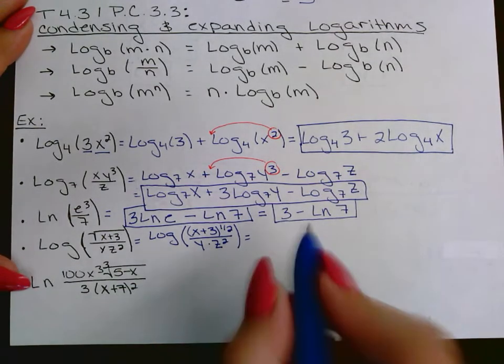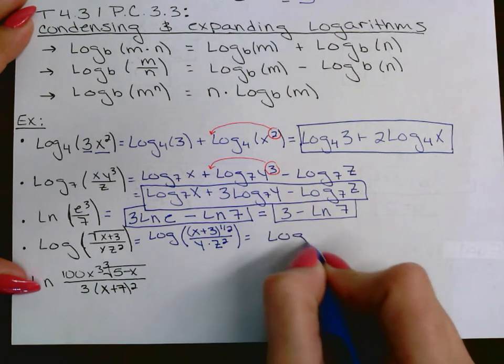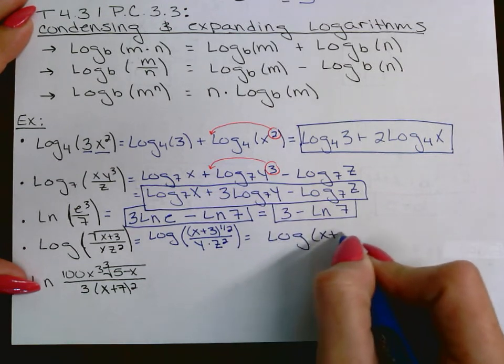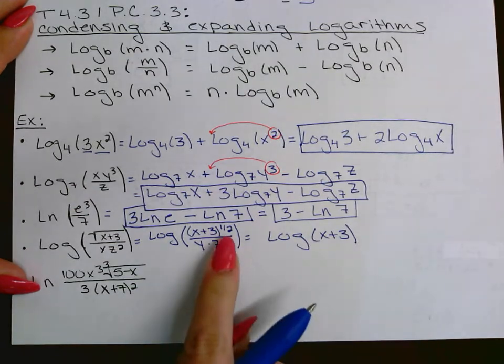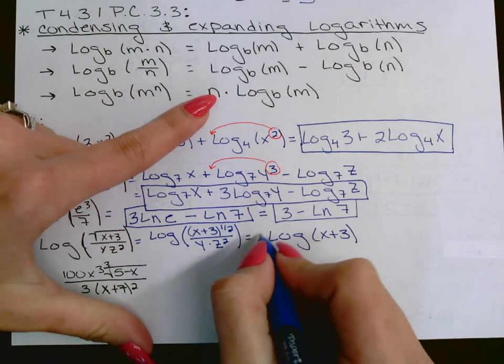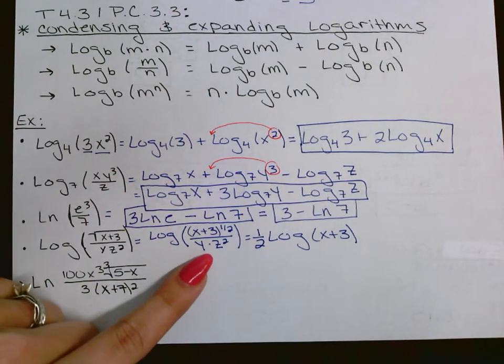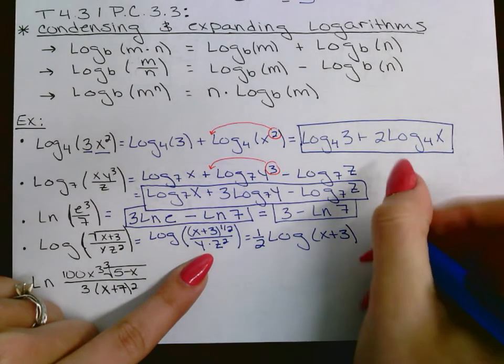So, if it's in my numerator, it's positive. The first thing in my numerator is that x plus 3. And instead of writing the 1/2 as an exponent, I'm going to write it as a coefficient. Now I have 2 things in the denominator, so both of those things will get a minus.